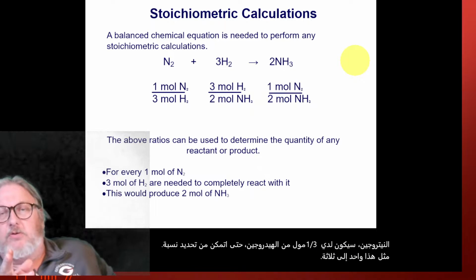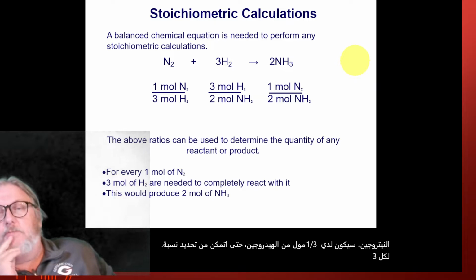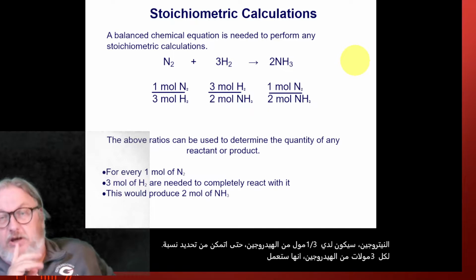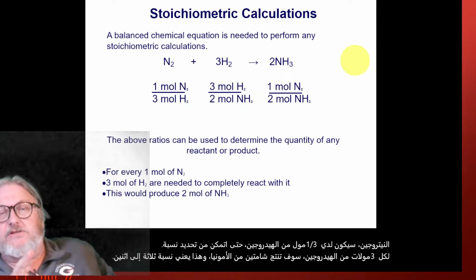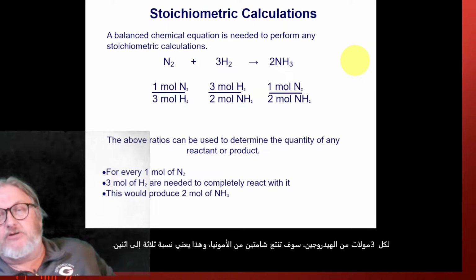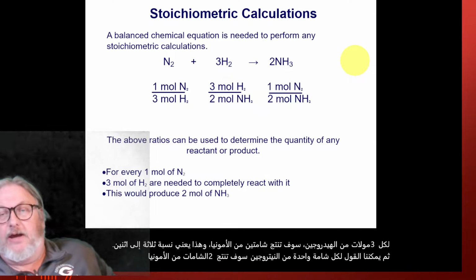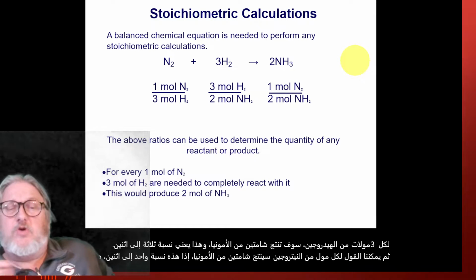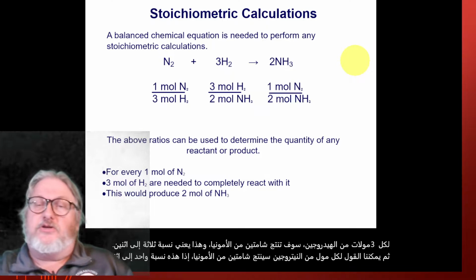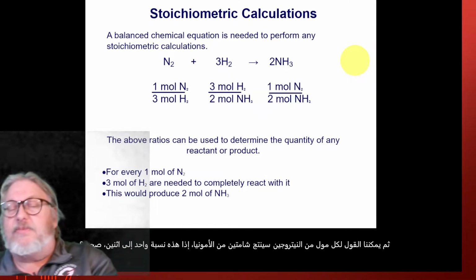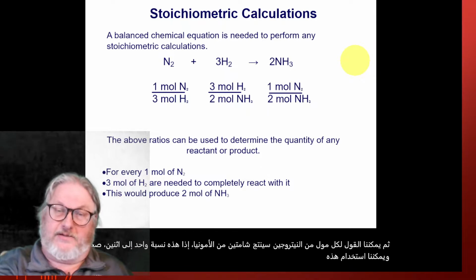For every 3 moles of hydrogen, it's going to produce 2 moles of ammonia. So that's a 3 to 2 ratio. Then we can say for every 1 mole of nitrogen, it's going to produce 2 moles of ammonia. So that's a 1 to 2 ratio.